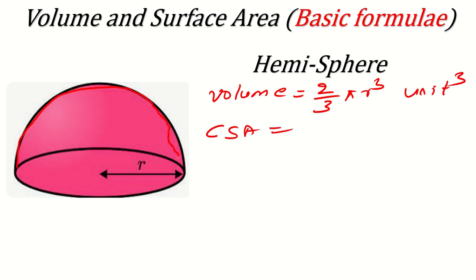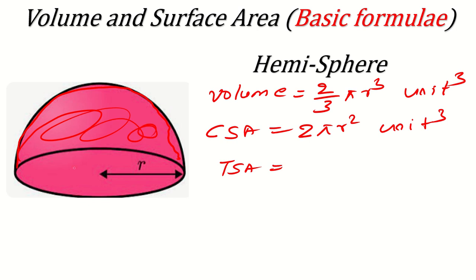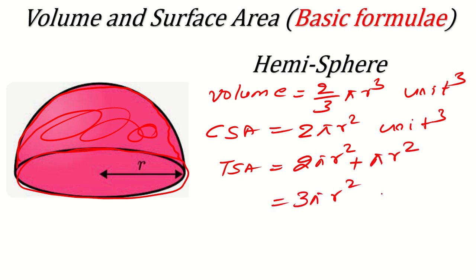That will be half of the surface area of a sphere, so it will be 2 pi r square. The total surface area includes the curved area and this down circular area as well. So it will be 2 pi r square, the curved part, plus pi r square, the base. That will be 3 pi r square, unit square.